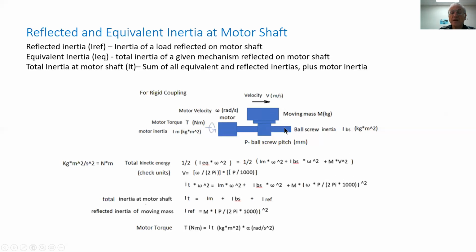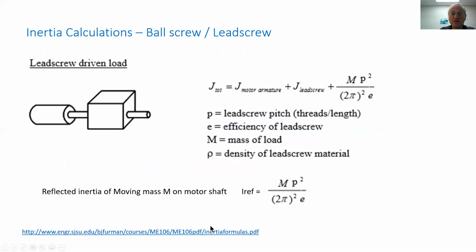And we have to add to it the ball screw inertia times its velocity, which is the motor velocity squared, divided by 2. And we also have to add to it the motor inertia multiplied times this angular velocity squared divided by 2. And then when we add all these terms together, we get the reflected inertia of the mass on the motor shaft, as well as the reflected inertia of the ball screw on the motor shaft. We add them together to get the total inertia.